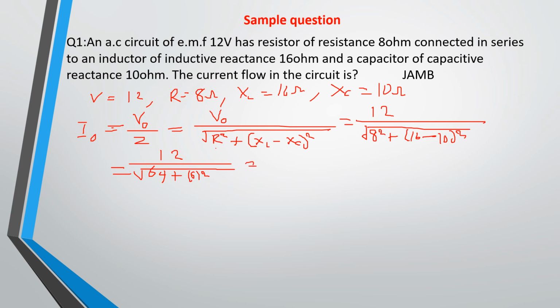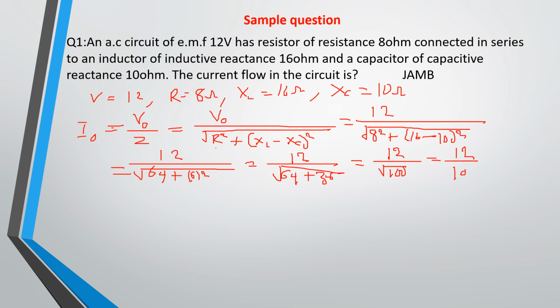Okay, so that is 12 all over square root of 64 plus 6 squared, which is 36. So that will be 12 all over square root 100, which equals 12 all over 10.